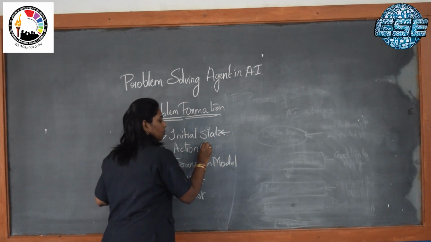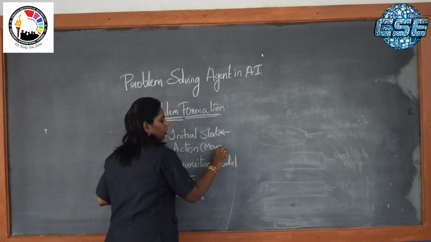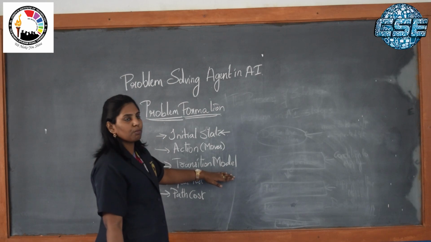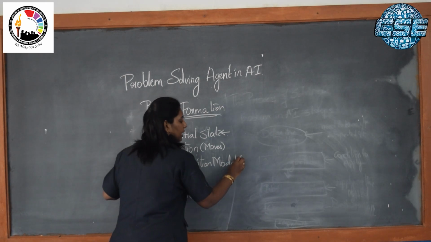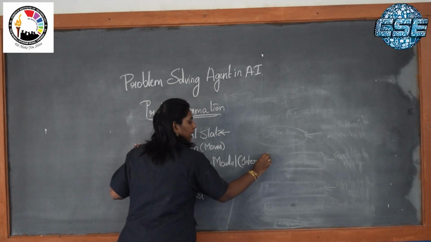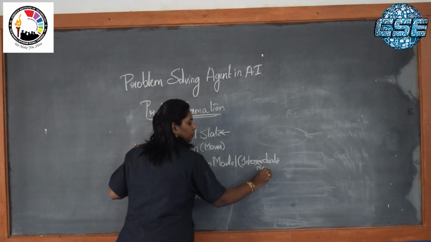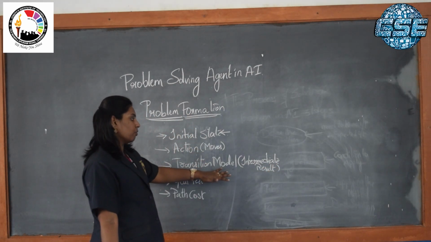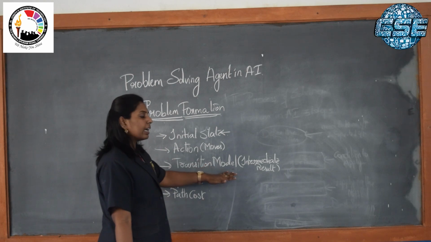Next is transition model. We call this an intermediate result. After performing the action, we get a result.